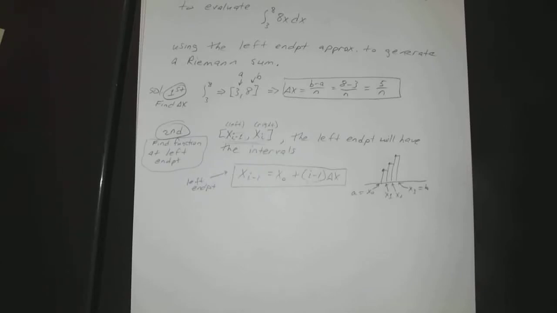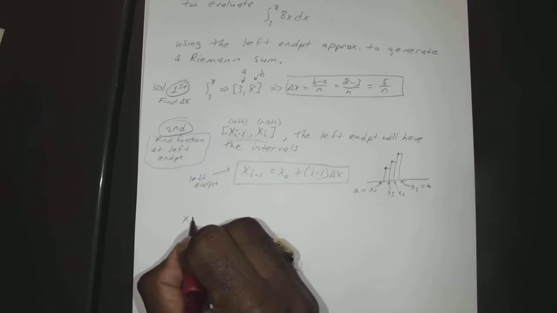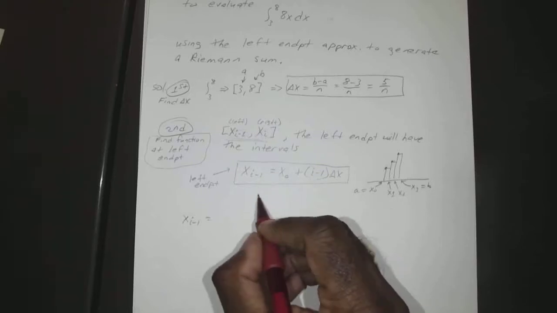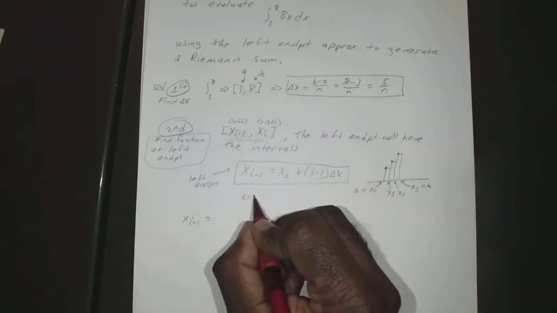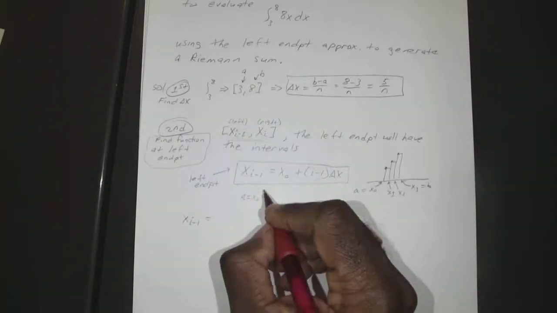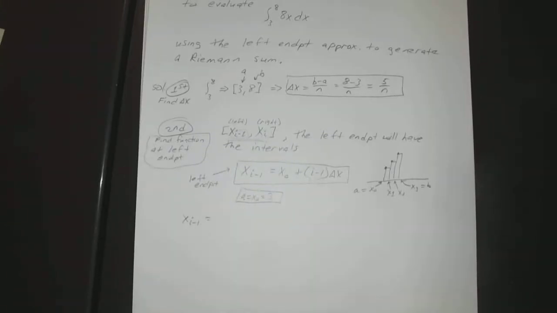Okay. So that means our x sub i minus 1 is going to equal our x0, because remember for this one, a equals x0 equals 3.